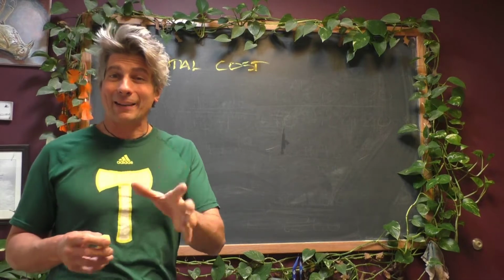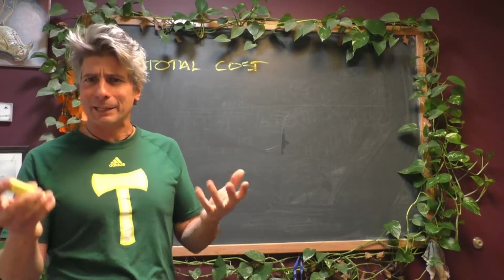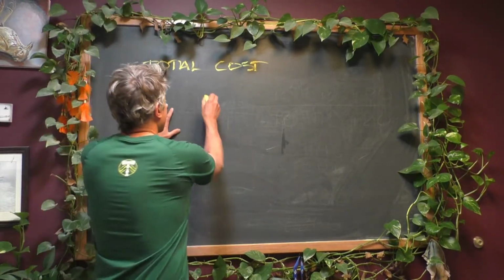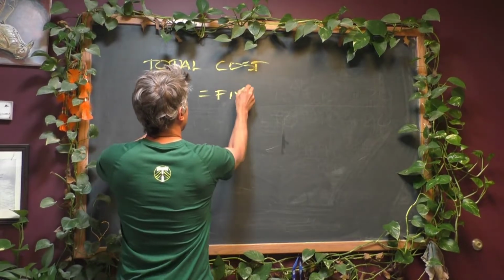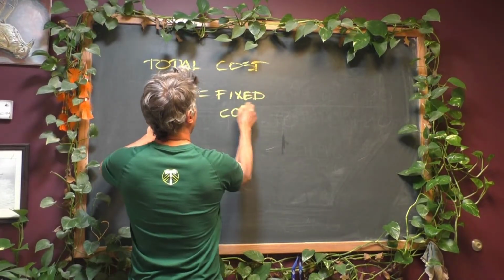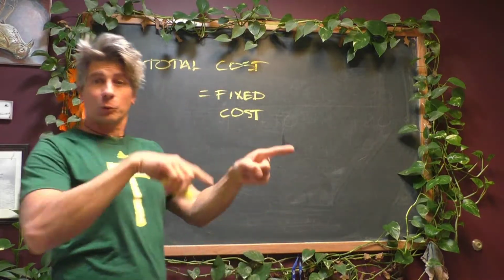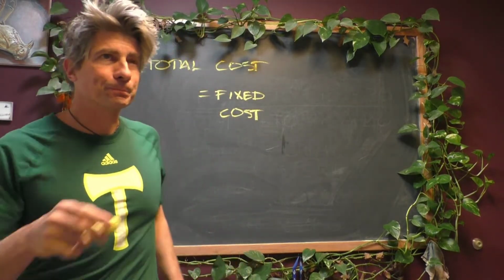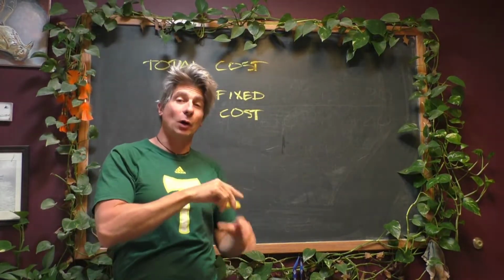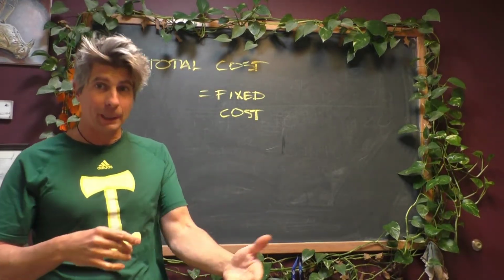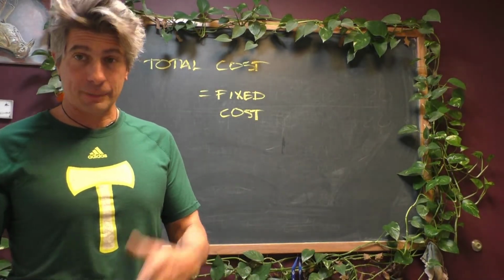It also has a more traditional name. It's called a fixed cost. And the other one, the cost per hour, because it depends on how many hours you run the bulb, we call that a variable cost.